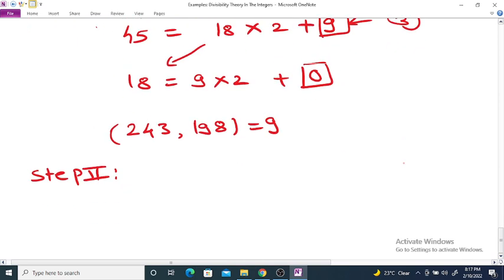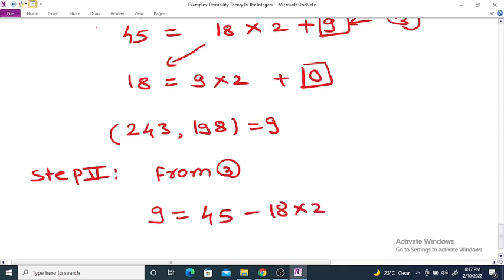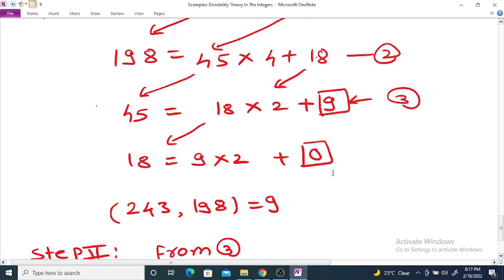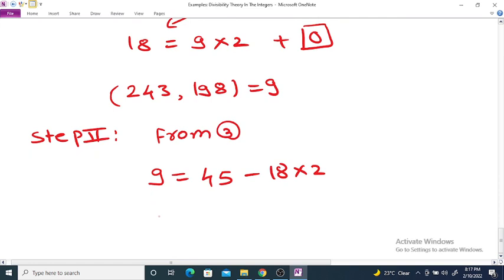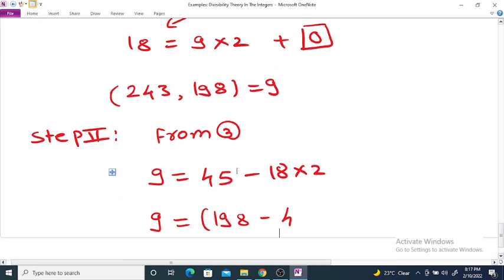From 3 we can write 9 is equal to 45 minus 18 into 2. From 2, what is the value of 18? It is 198 minus 45 into 4. We want to put in the value of 18, not 45.